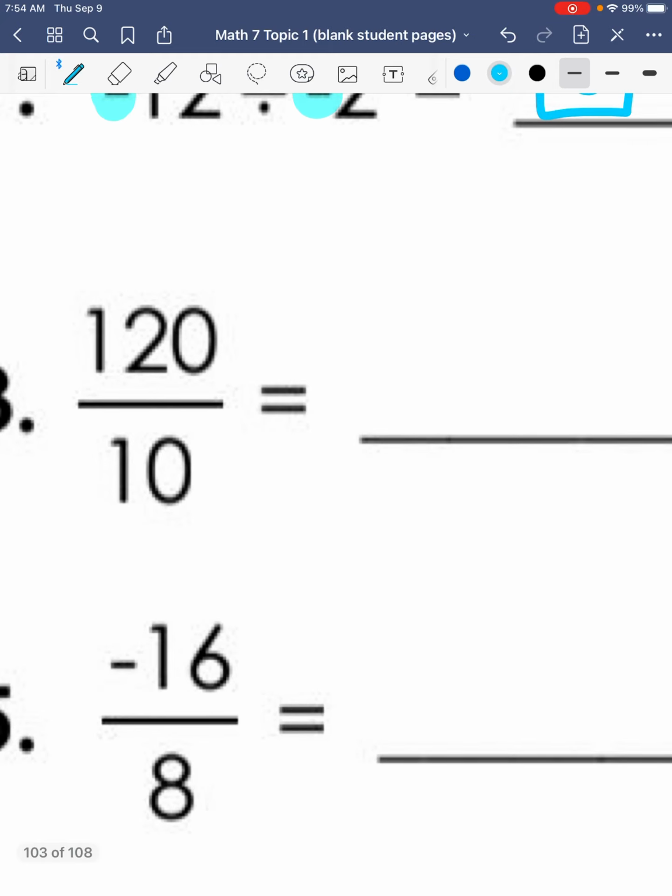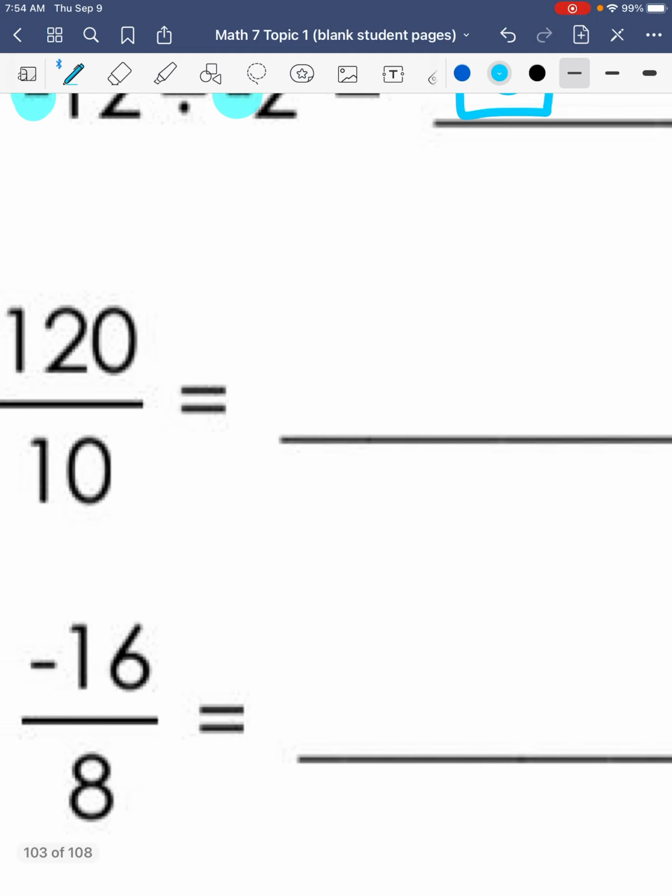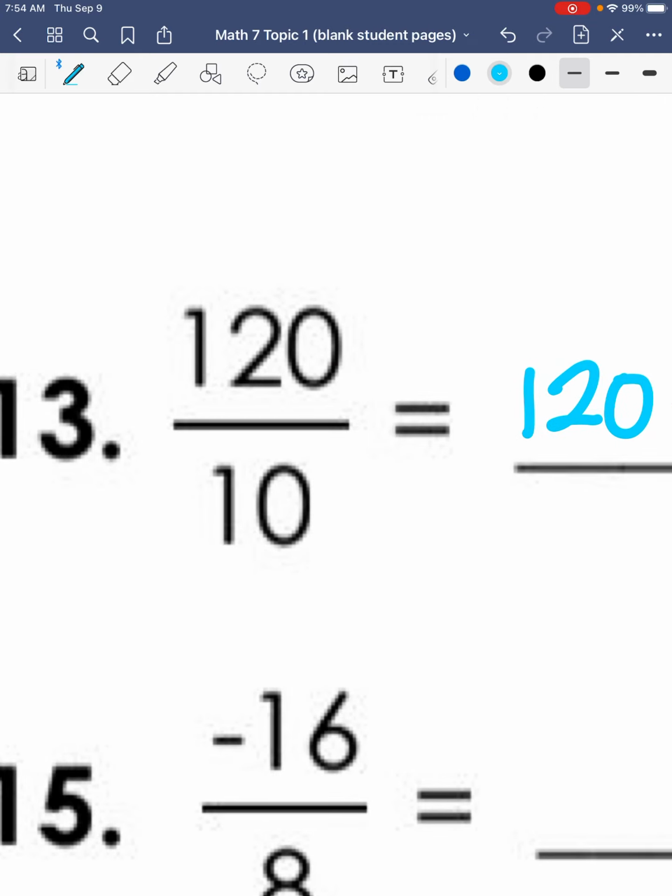Okay, and our third example, I've got 120 divided by 10. Now I could rewrite this as a fraction, 120 over 10. That's not necessary, but if you're more comfortable with it written out that way, you can certainly rewrite it. If I leave it in this form, I can think of it as simplifying my fraction, right?